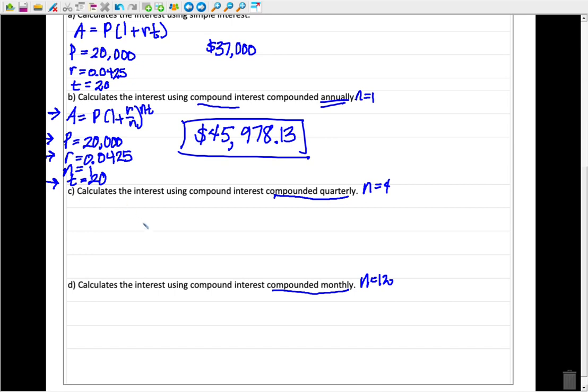If you set up all the information, I'm going to go ahead and give you those answers. You can go back and substitute the values, see if you get the same thing. Let me write that again. I have $46,583.59 for this one. And for the last one, I got $46,722.72.